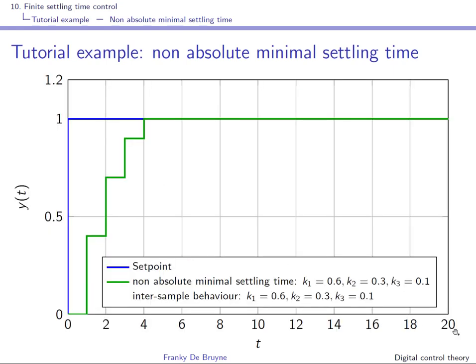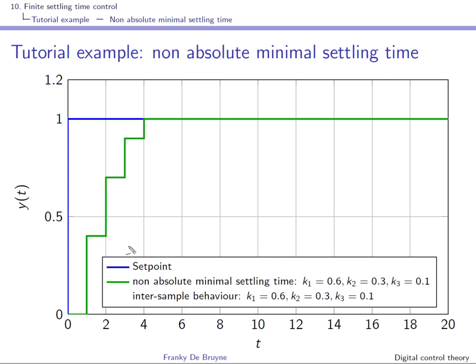This is the closed loop response with this non-absolute minimal settling time controller, and as you can see here at sampling instant 1 the error is 0.6, it is 0.3 at sampling instant 2, 0.1 at sampling instant 3, and then from then on it's 0. So you can shape the closed loop response using this polynomial k of z.